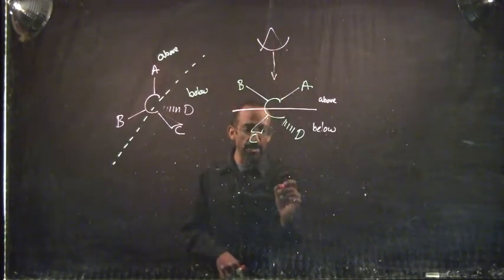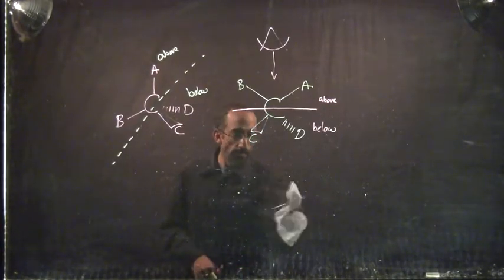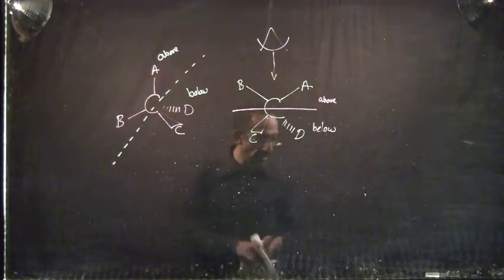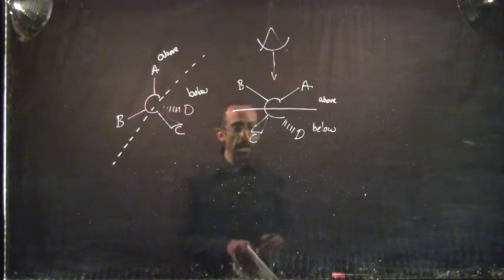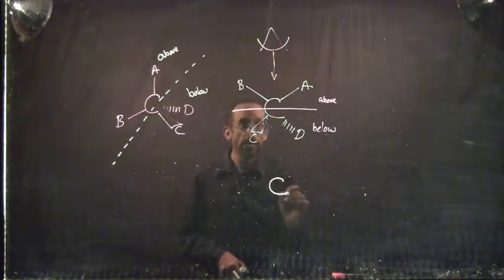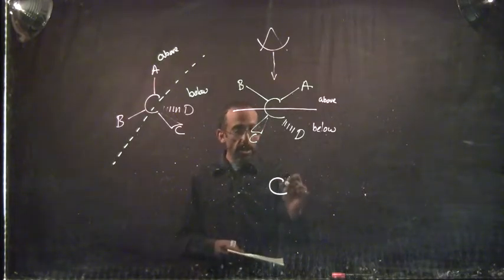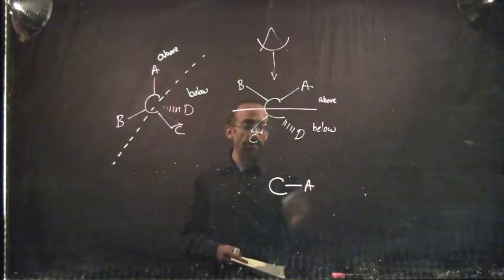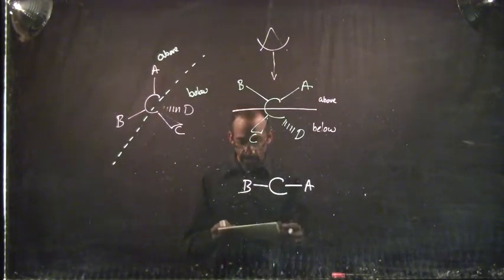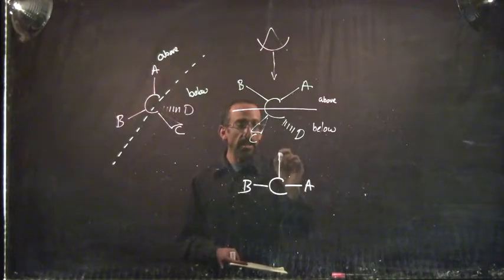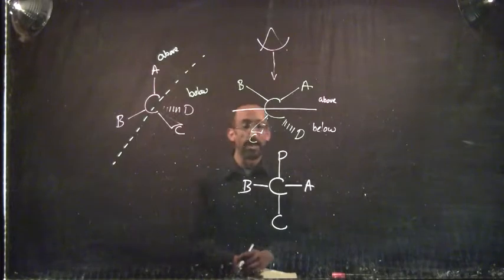The shadow it would cast would put a carbon atom at the center, and then I would have A off to one side, B to the other side, D above, and my C group below.